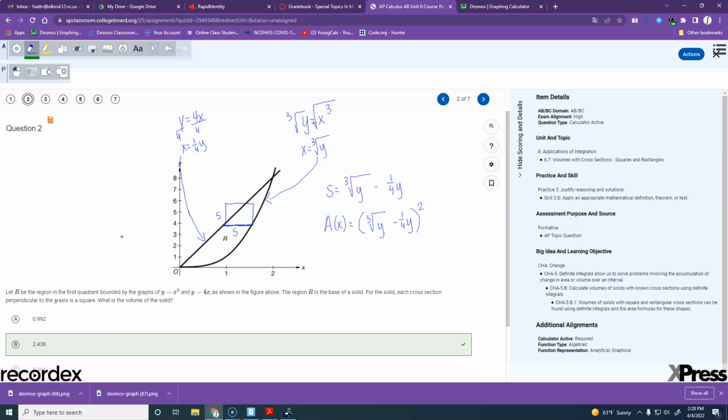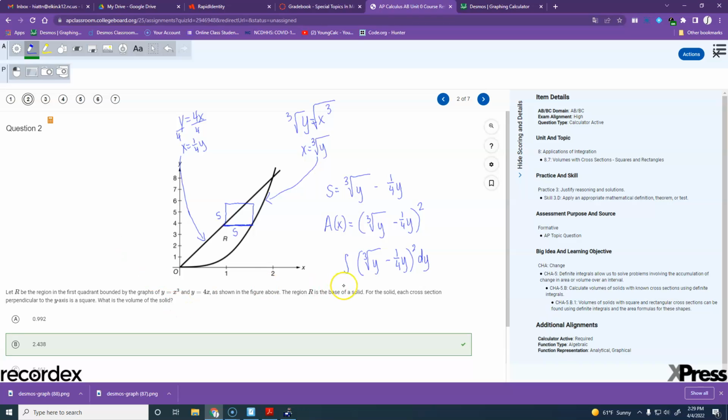It is probably okay to do that, as long as you have written S equals there. And then we would integrate the cube root of y minus 1/4 y squared dy.